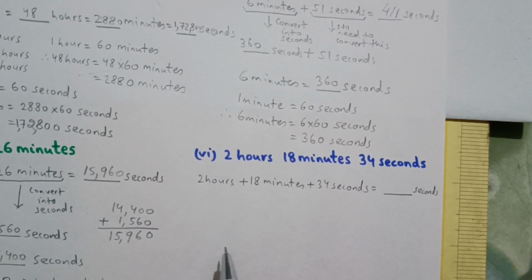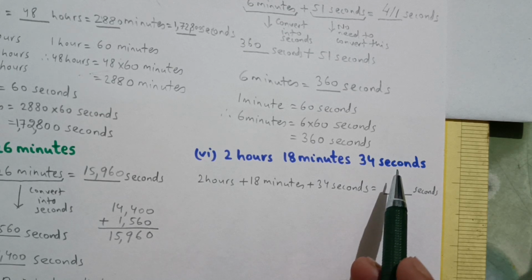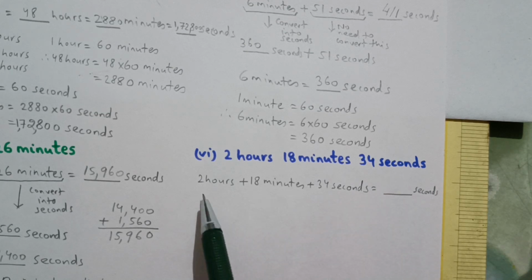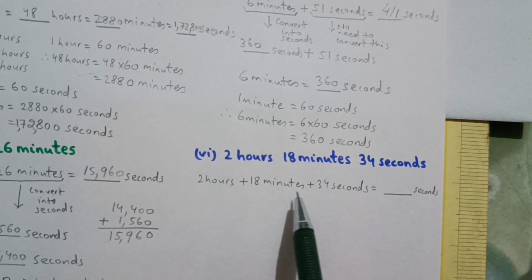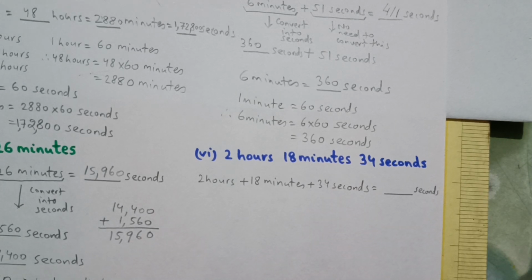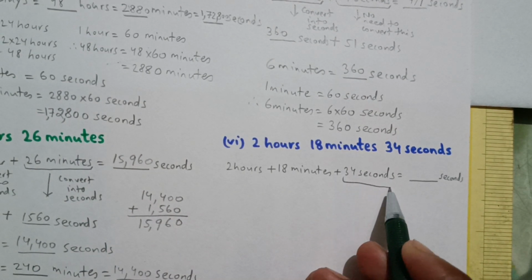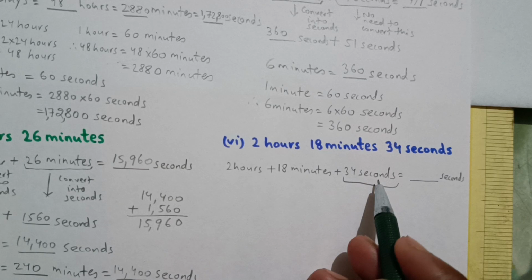So this is the meaning of the question. 2 hours 18 minutes 34 seconds, we have to convert it into seconds. That means 2 hours plus 18 minutes plus 34 seconds is equal to how many seconds? So 34 seconds is already in seconds.